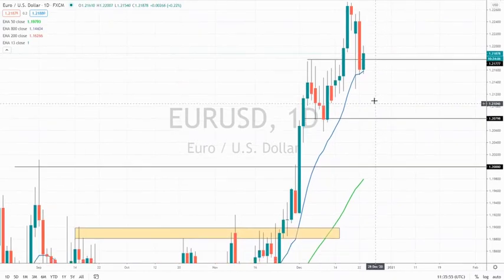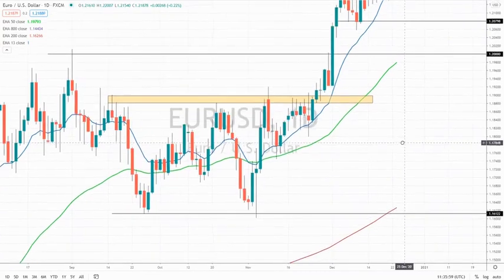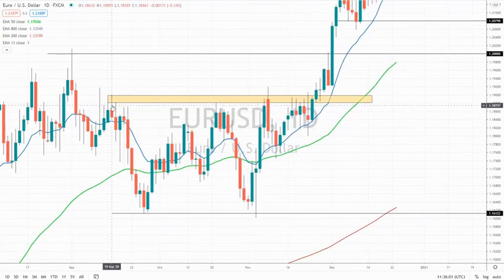Again, on EURUSD, if we scroll back a little further, between the 15th or 16th of September and the latter part of November, the 25th, 26th, price action has been pretty consolidated and range bound. What does that mean?